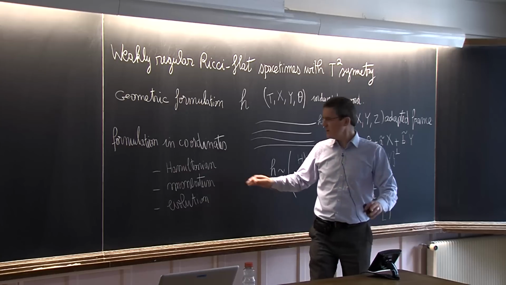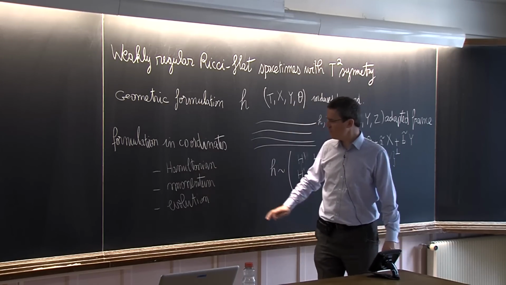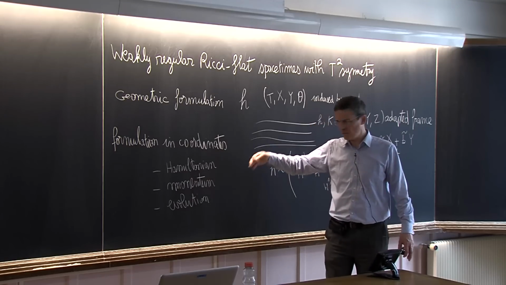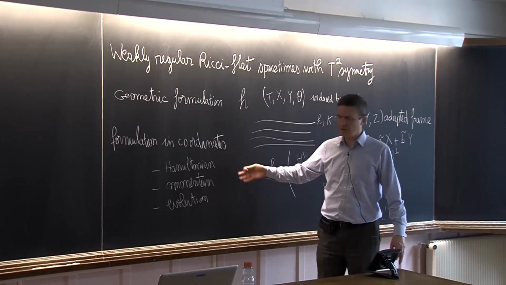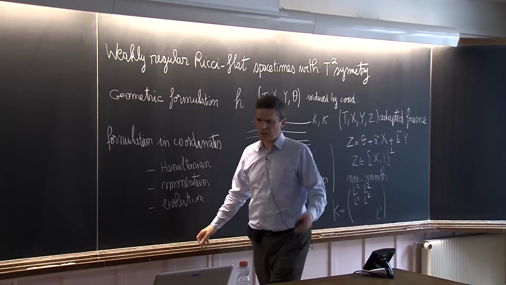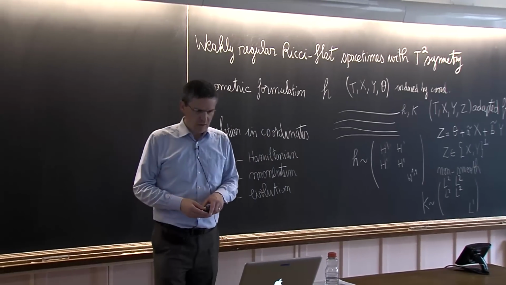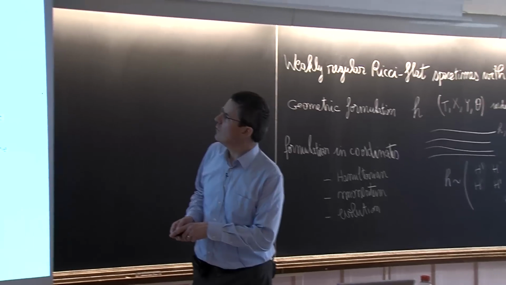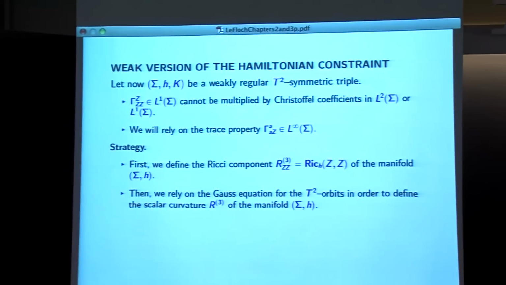So we have two sets of equations, for the constraints on each slice and for the evolution. The evolution equations will typically give you hyperbolic equations, and the constraints will give you, in some cases, ODEs. So here we are. We would like to define the Hamiltonian constraint.